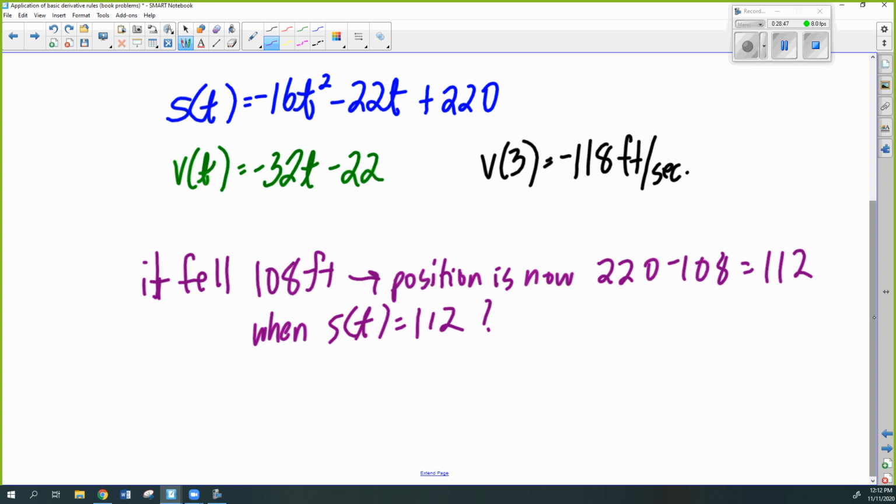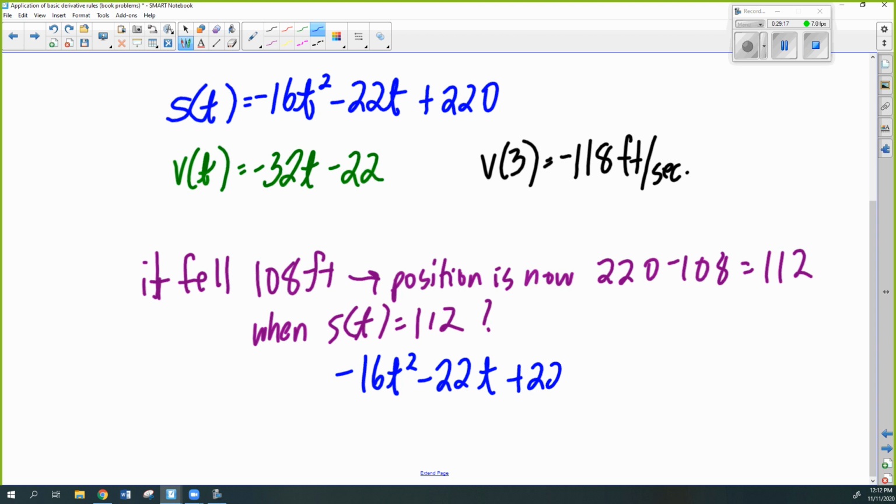All right, so take your position function, set it equal to 112. All right, solve for t, and I will tell you, you will need your calculator to figure that out. The original function you said?